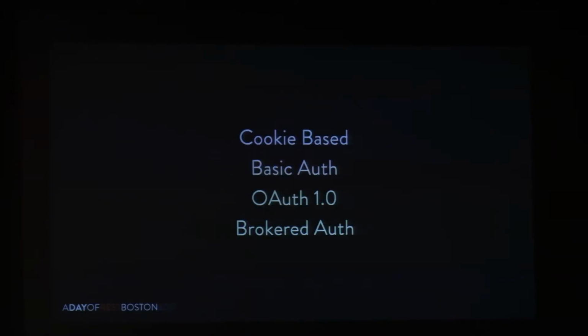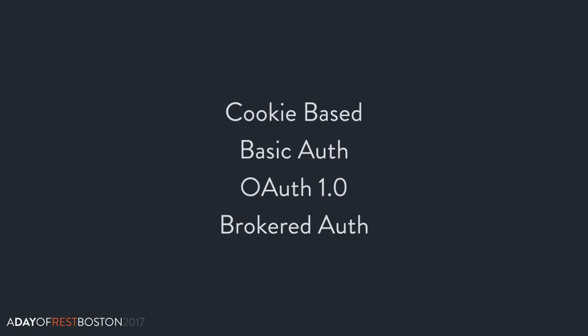I'm sure most people that have used APIs in the past are fully aware of this fact, but it's good to look at it from first principles of why it's required. So for that reason, we have different authentication methods that we support, and there are others available for things like JWT, and I think there may be an OAuth 2 one in the works, but these are the ones I'm going to talk about today.